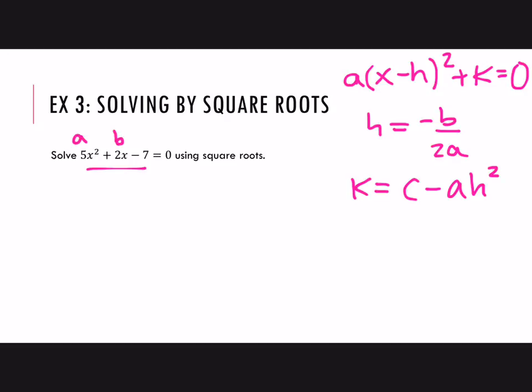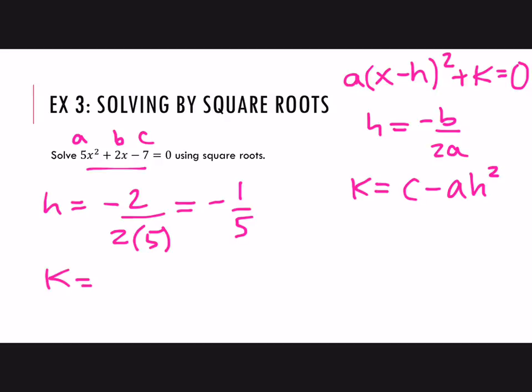Okay, so this is already in standard form, right? So we have a, b, and c, so we just need to figure out what h and k are. All right, so h is negative 2 over 2 times a, which is 5, and then those 2's cancel, so that's negative 1/5. And then k is c, that's negative 7, minus a, which is 5, times h squared, which is negative 1/5 squared.